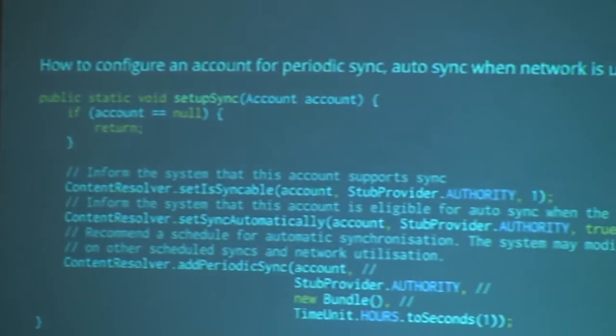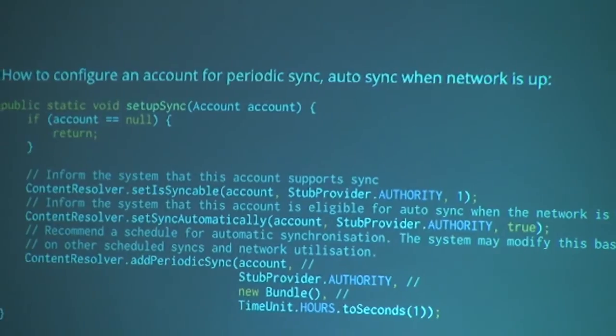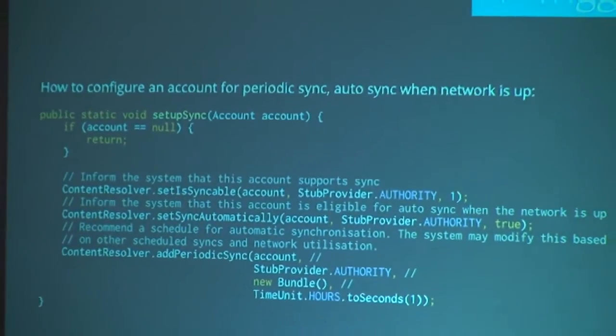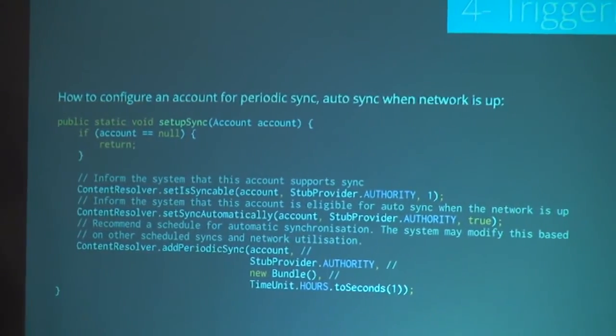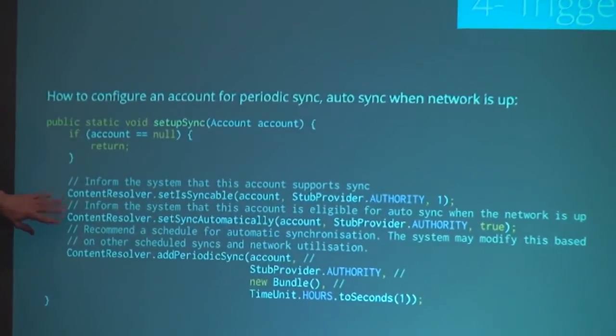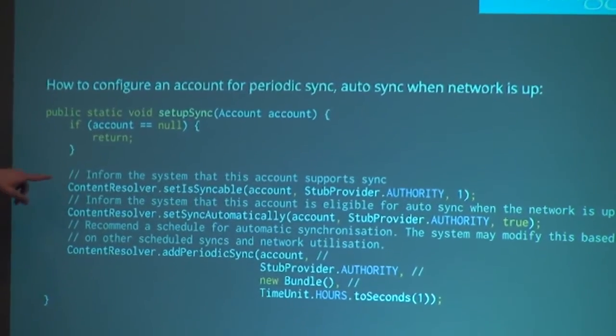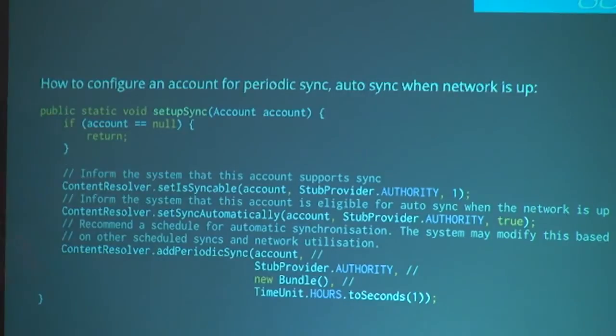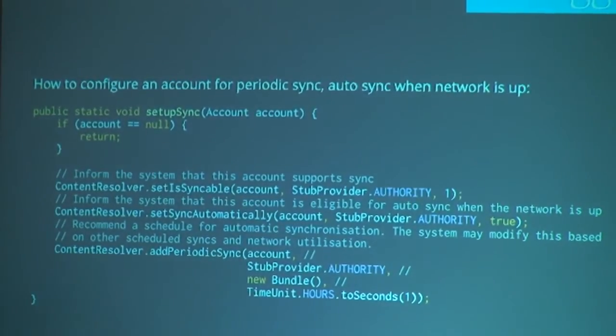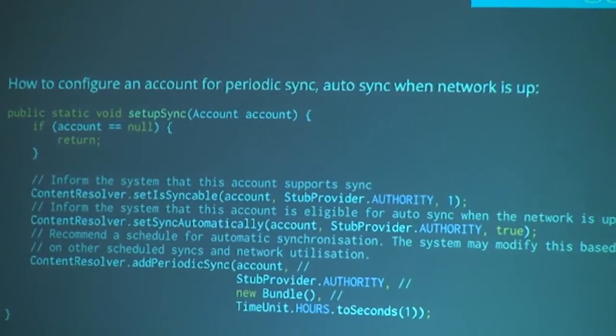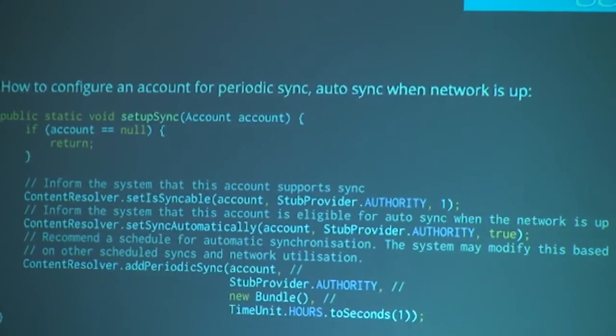But then, if you want to have a periodic sync or auto sync when the network is up, the system will trigger automatic updates of your SyncAdapter. You can do this by calling two methods. First, you can use the setIsSyncable method to force an account to be syncable.